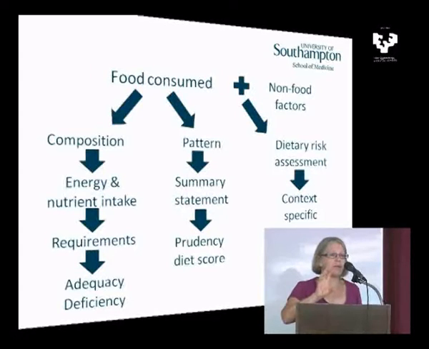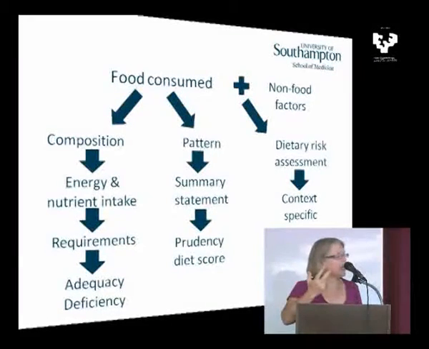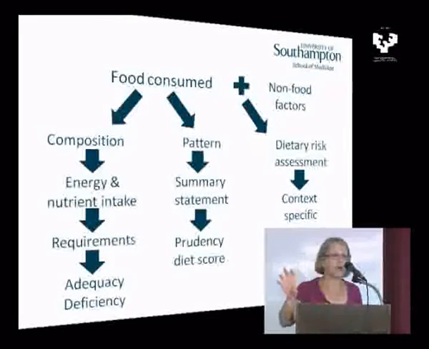So here we're looking at food security. Food security is access, availability, and affordability of food, and how does that affect dietary risk? And that has to be context specific. So you might want to focus on the elderly, or young children, or manual working people, but it will be different for different populations.